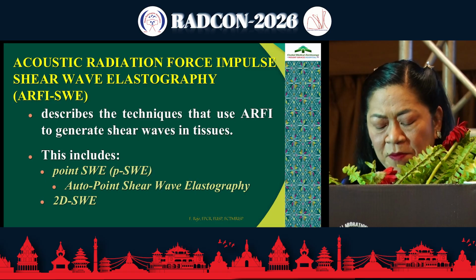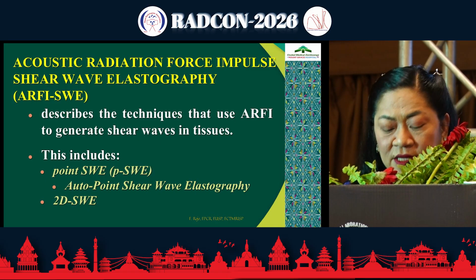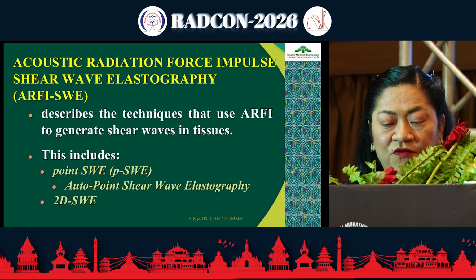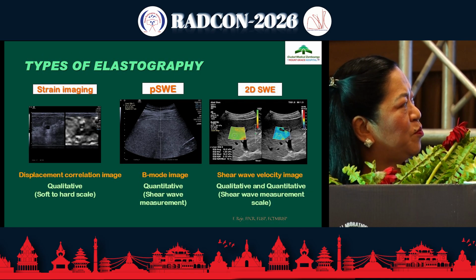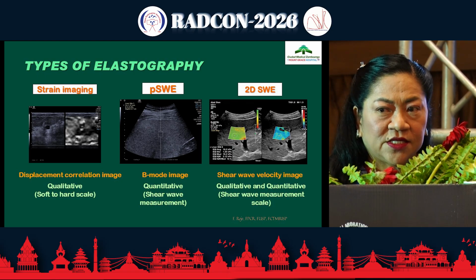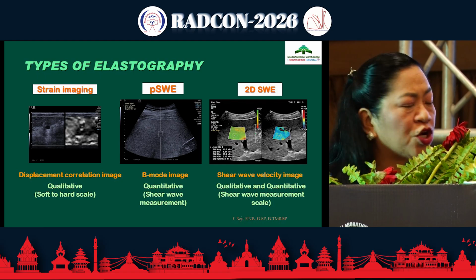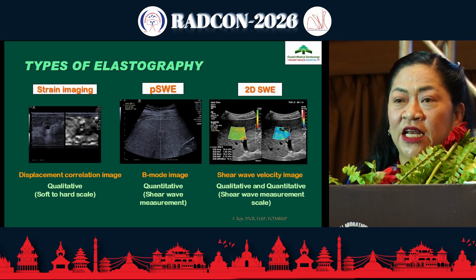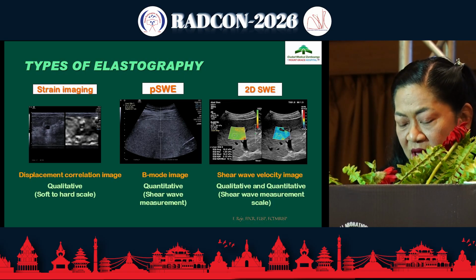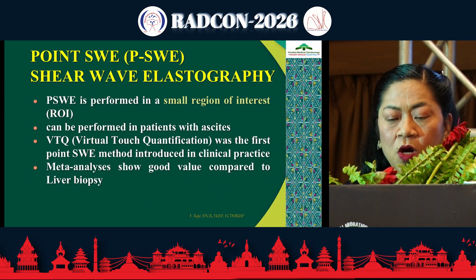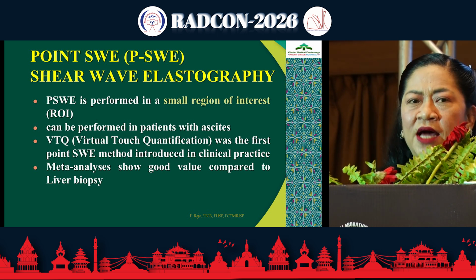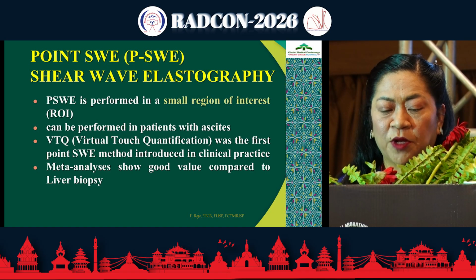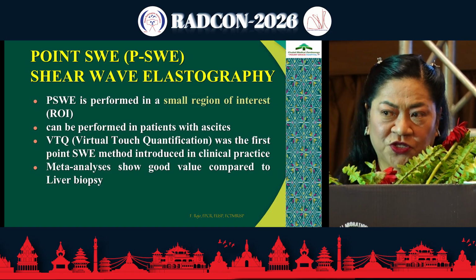So, as we mentioned, RFI has two kinds, point shear wave and 2D shear wave. So strain looks like this for the first, and point shear wave uses that little box, and 2D shear wave is a combination of qualitative and quantitative measurements. For both point shear wave and 2D shear wave, they have different techniques, but their advantages are similar because we now use ultrasound.